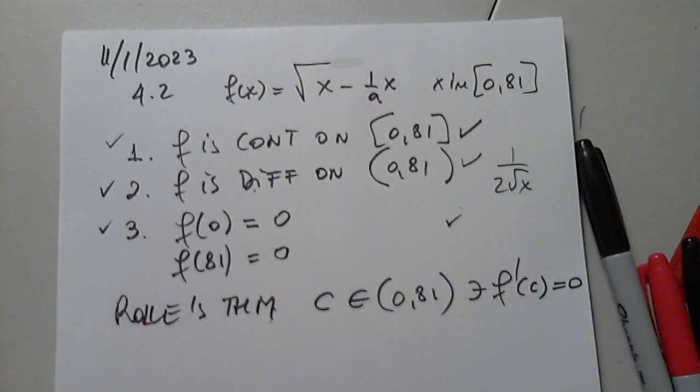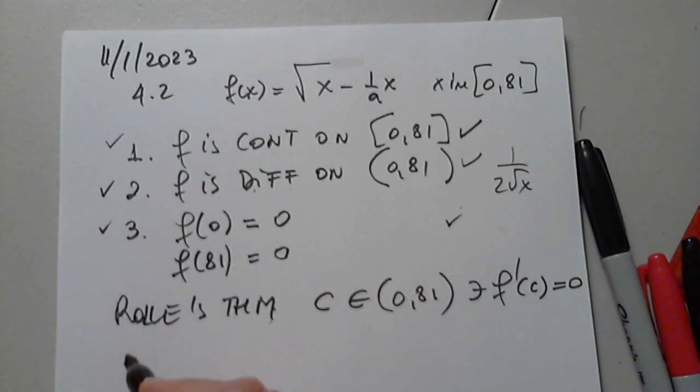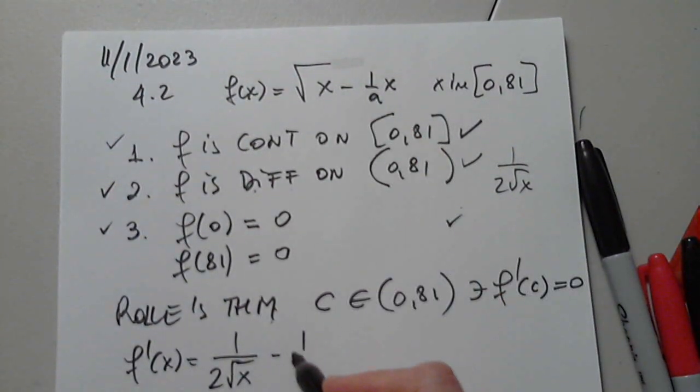So what I need to do is, first, sorry, I had to mute you. Sorry, my apologies. So first, I have to find f prime. So f prime of x is 1 over 2 the square root of x minus 1 over 9.